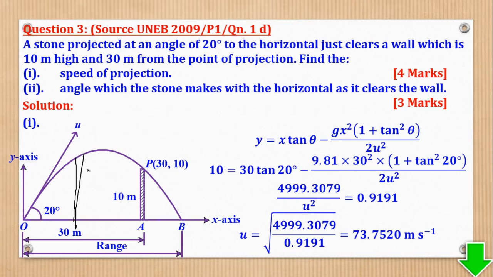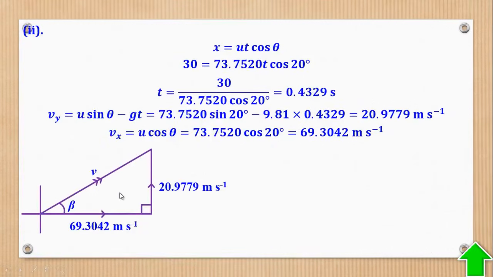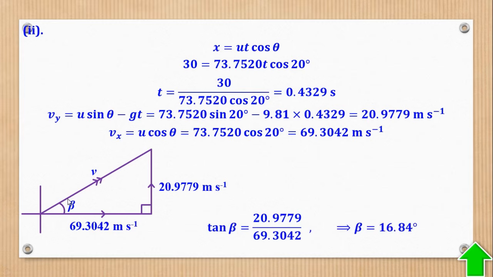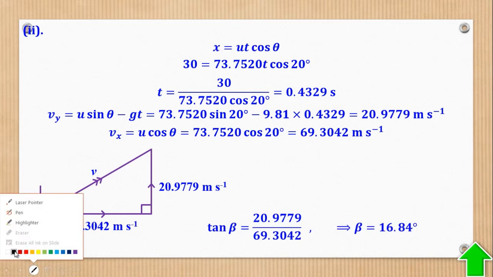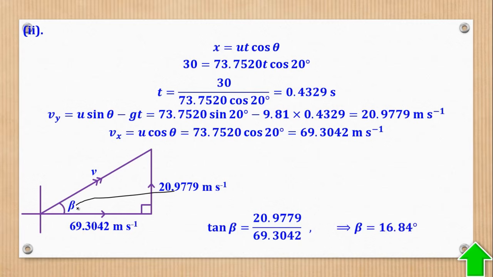You just leave it as it is and we continue. So my aim is to get this value of beta. Using SOHCAHTOA, tan beta will be equal to opposite over adjacent, to give you this as the angle they wanted.